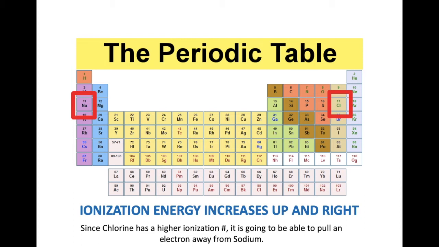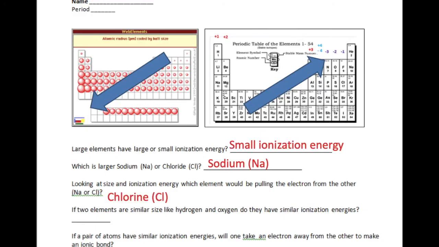It takes much more energy to pull electrons away from chlorine with a high ionization number than it does from sodium with a lower ionization number. Therefore, looking at those two sizes, it's going to be chlorine that's pulling the electron away from sodium.